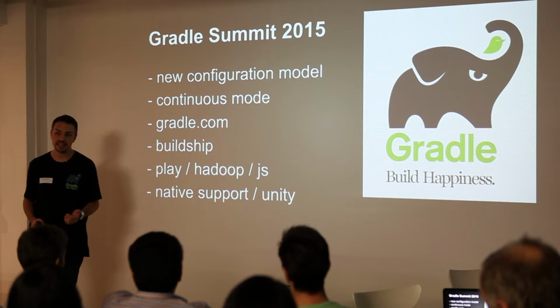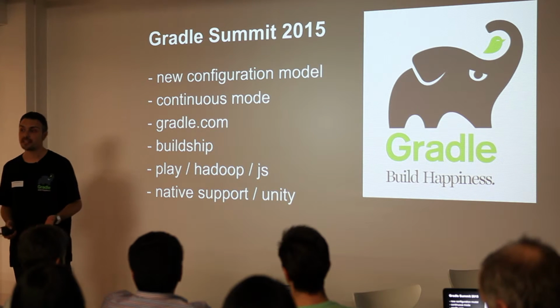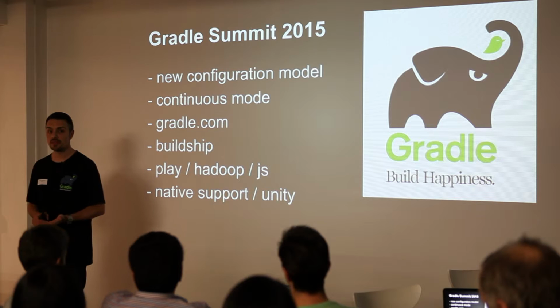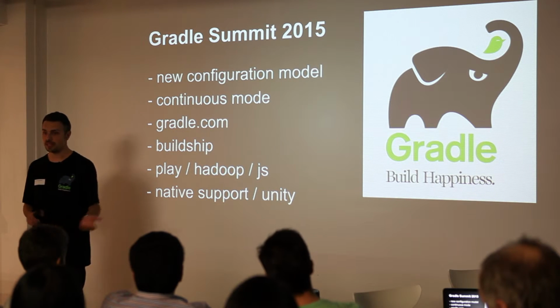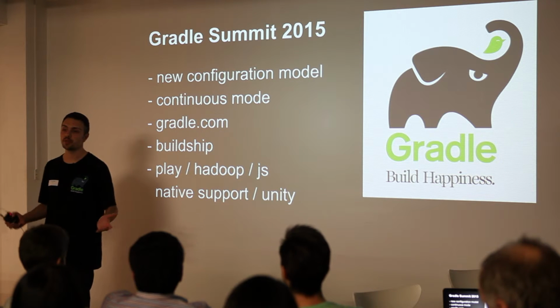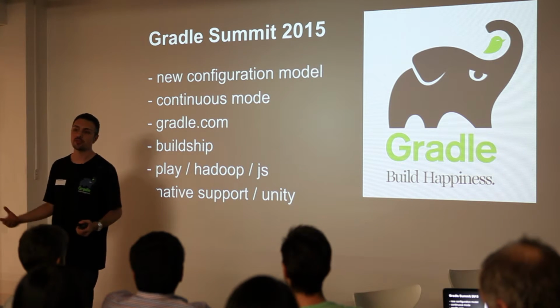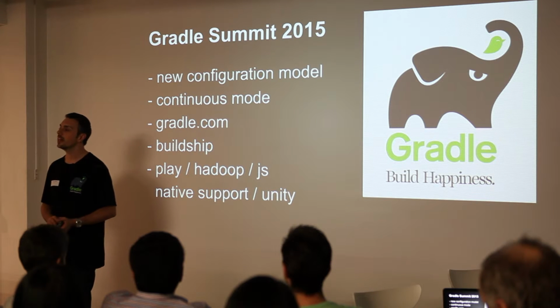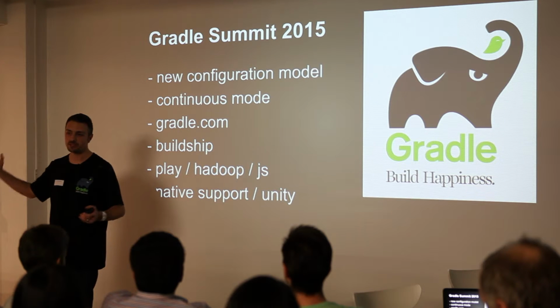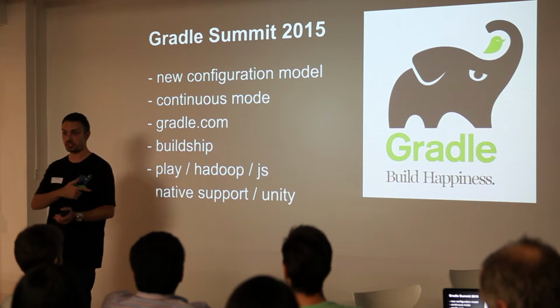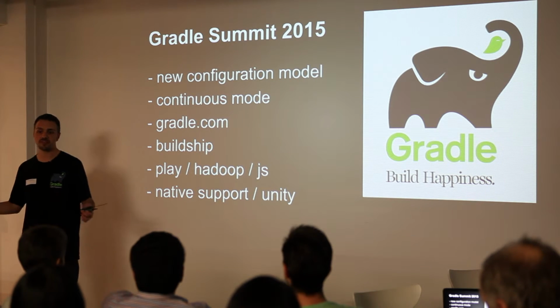Buildship is an Eclipse plugin. There was an Eclipse plugin from SpringSource for Gradle. Buildship, we've rewritten this support, and Buildship is now a premier plugin for Gradle, which means that if you download Eclipse Mars, as of the next Eclipse Mars service pack release, you'll get Buildship in there, and it's first-class Gradle support.